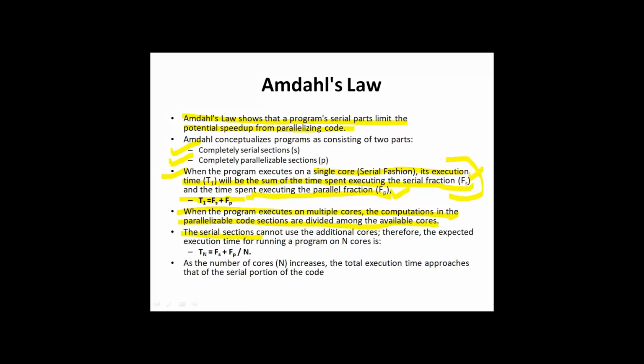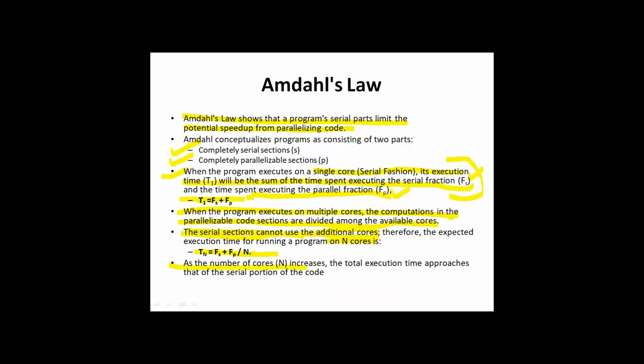Even if we parallelize our code, the serial part executes in the same way; it will still take time Fs only. But the parallel part, as we have divided it among n cores, will be divided by n. So the total time now will be equal to Fs plus Fp divided by n.